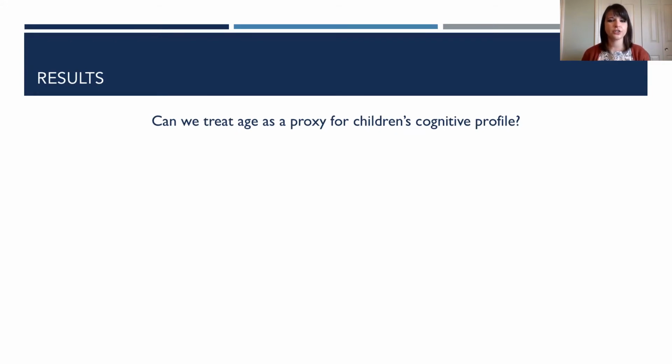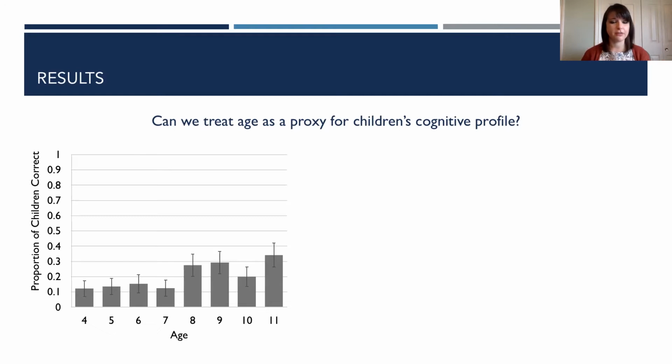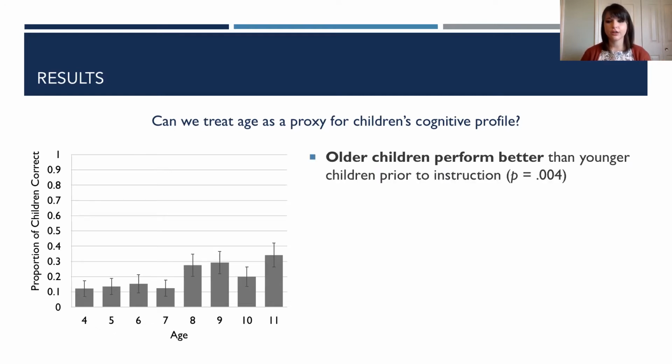To do this, we asked whether children's ability to solve analogical reasoning problems could be predicted by age and visual attention before instruction, so at pre-instruction. As with previous studies, we found a main effect of age, where older children are more likely to solve these problems correctly than younger children. In terms of visual attention, we assessed whether children's proportion looking to that featural match before instruction predicted their performance, because looking to this featural match is a key looking pattern associated with making these errors.